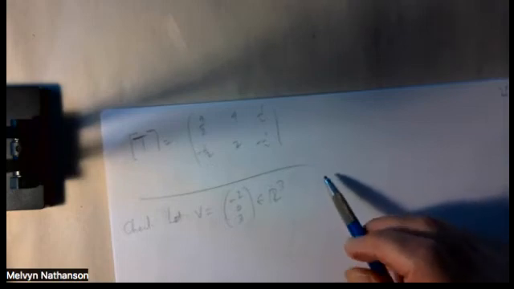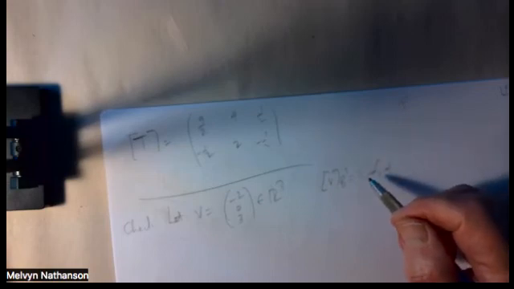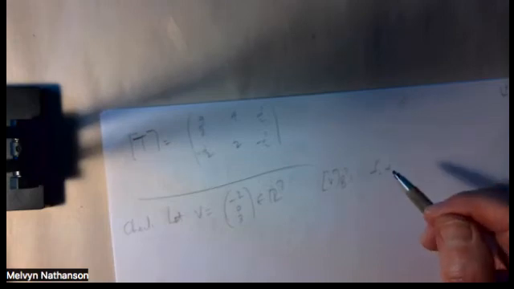So what is the coordinate vector for V with respect to B3? Okay, sorry. Let me do it the way I did the example I started with.